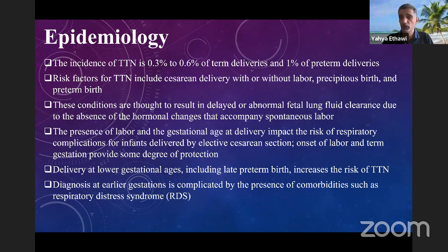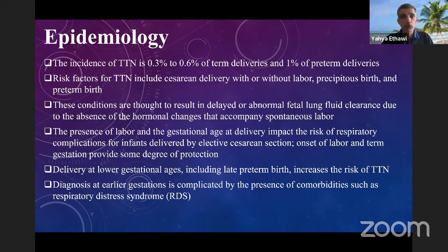These are C-sections, whether with labor or without labor, but without labor is more precipitous birth, and also preterm birth. As we said, these conditions prevent, reduce, or delay, or make abnormal, fetal lung fluid clearance.